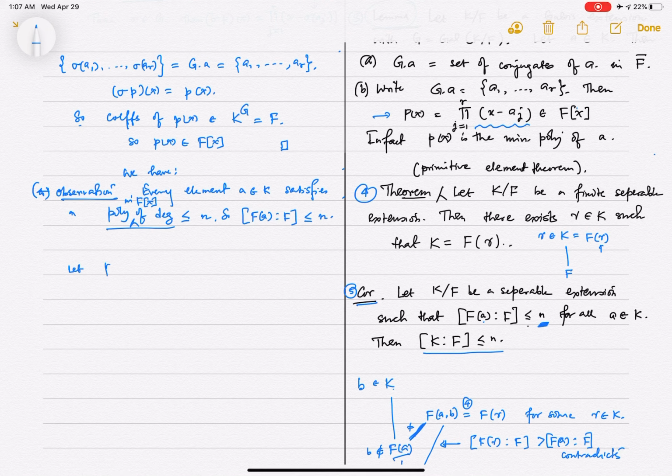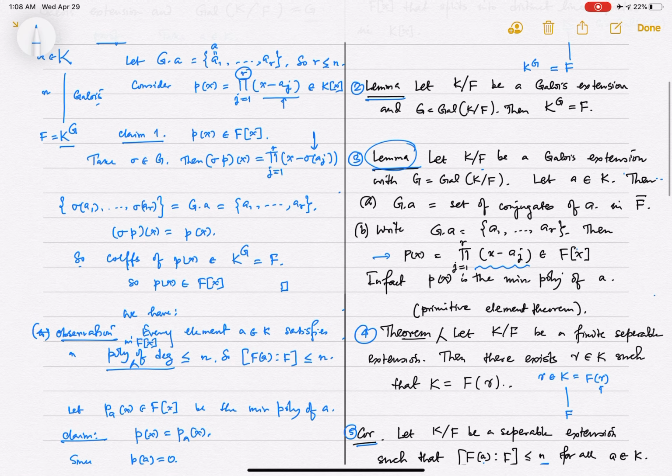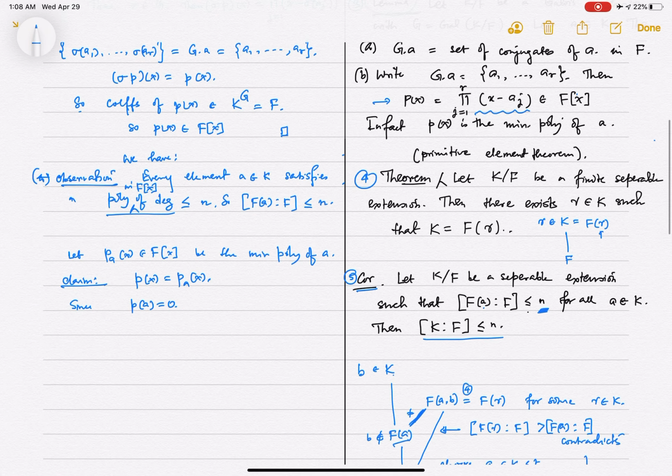So p_a is the minimal polynomial. My claim is that P is p_a. So P is the minimal polynomial. P(a) is 0 because x minus a is a factor, you see. a equals a_1.